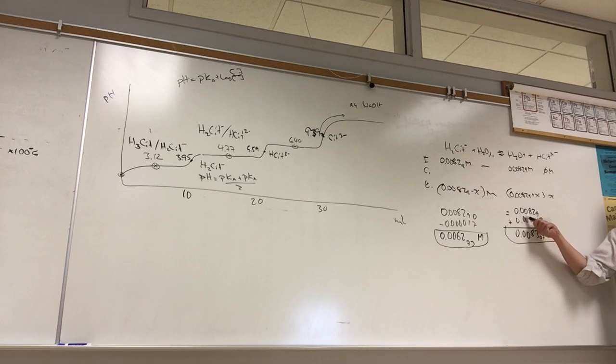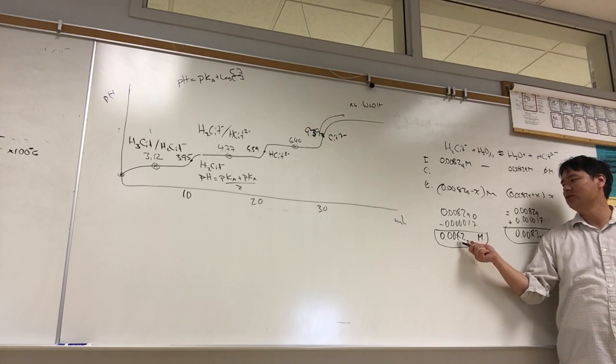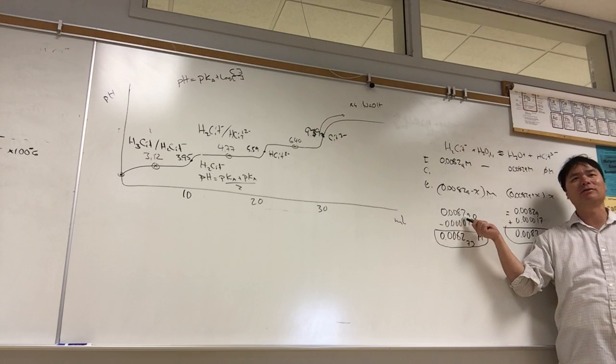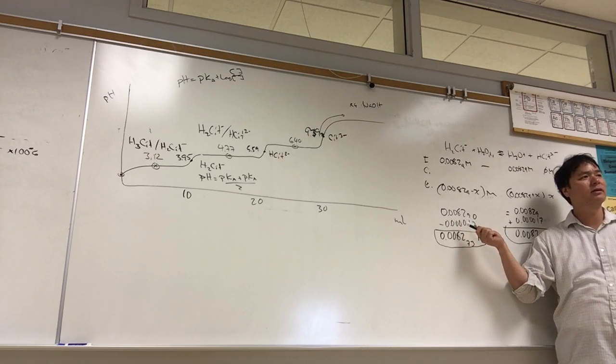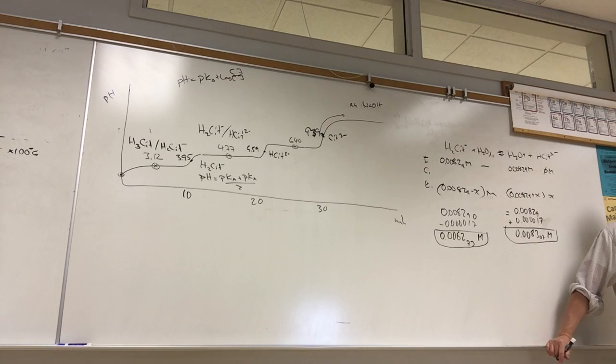When we look at this concentration here, it's 0.00829, which we would round to 0.0083, and this would be rounded to 0.0083, and before it would have been rounded to 0.0083, so it doesn't seem like it perturbed. Since they round to the same numbers, it doesn't really change it. And so we didn't really have to do step 2, so it must have been the common ion effect. It really didn't add that much additional hydronium.